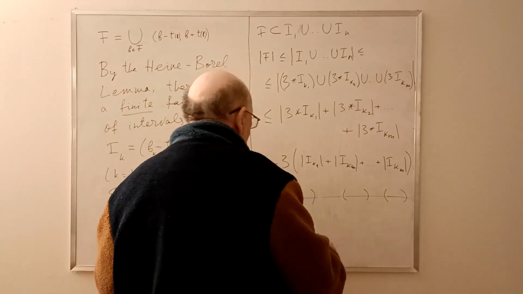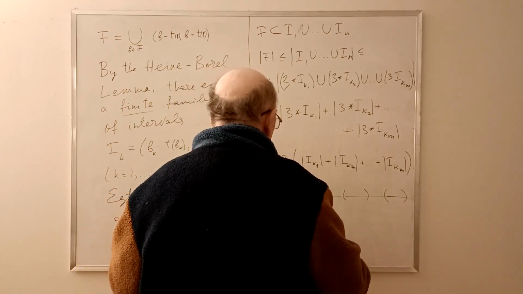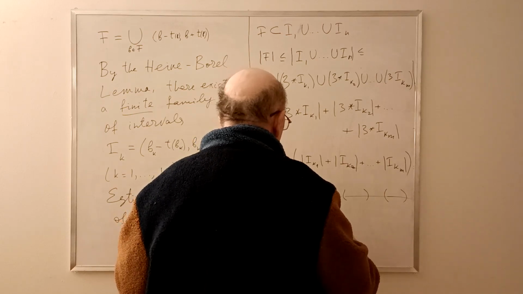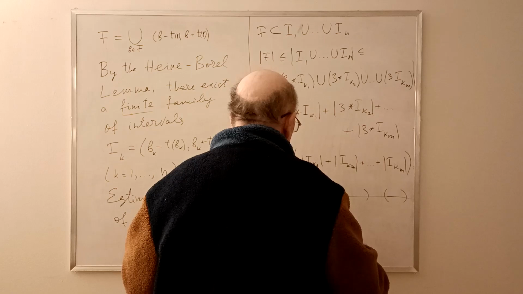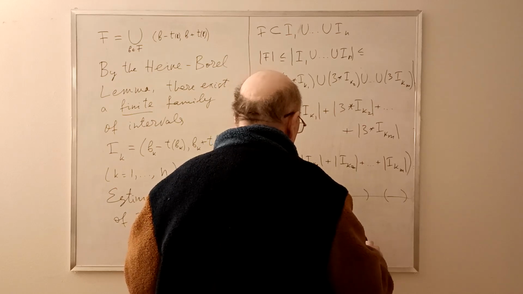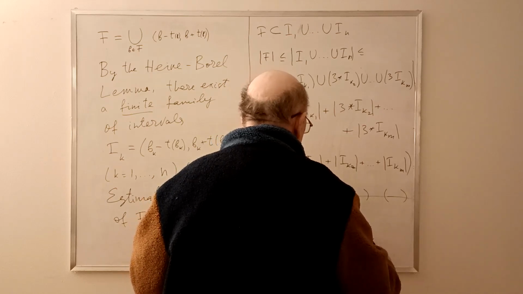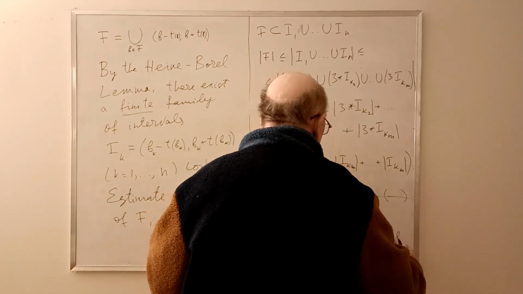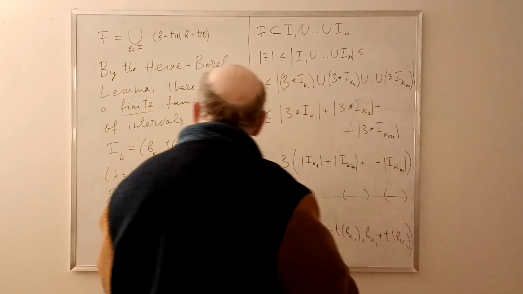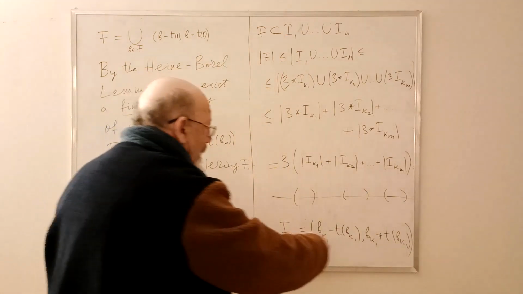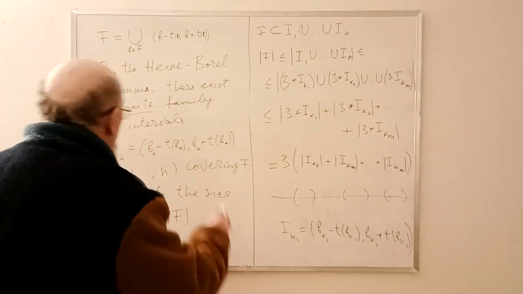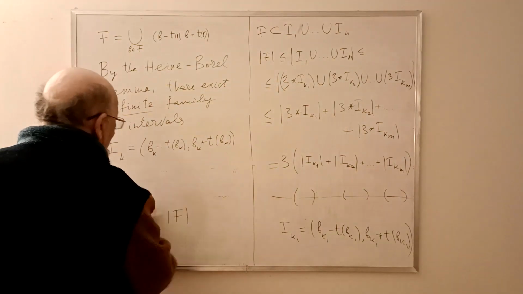It is from b_k1 minus t of b_k1, b_k1 plus t of b_k1. Yeah. So this is this segment, and over this segment we have the following.